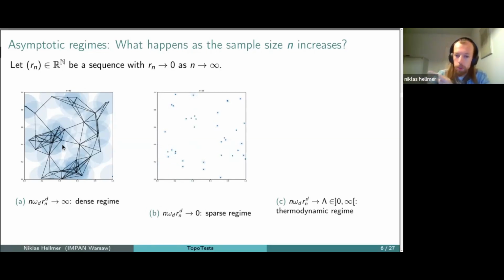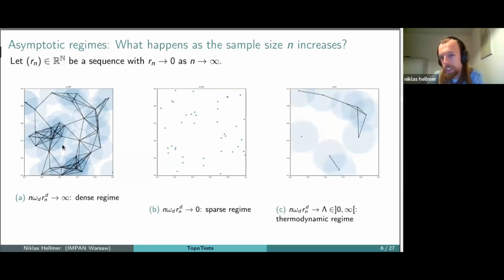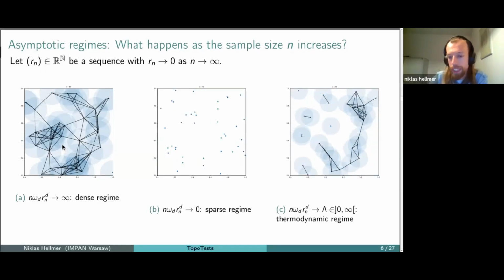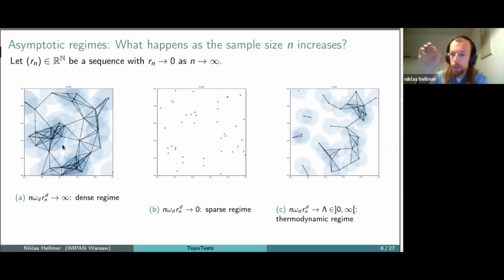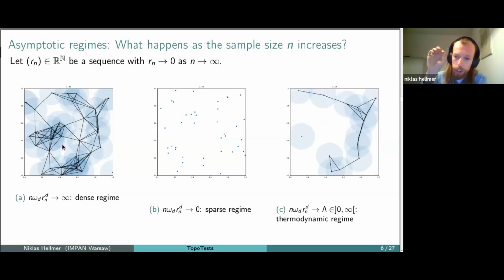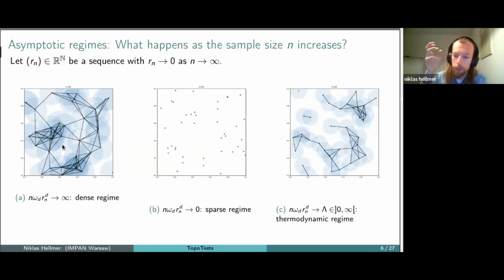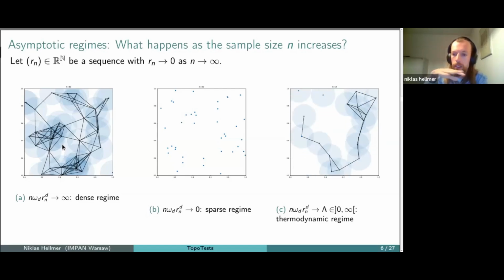So there is some sweet spot in between, and this is called the thermodynamic regime. And there you shrink your radius as you increase the sample size in such a way that the total volume of the union of balls goes to some finite limit. Or in this case, I'm keeping the total volume fixed in this illustration.